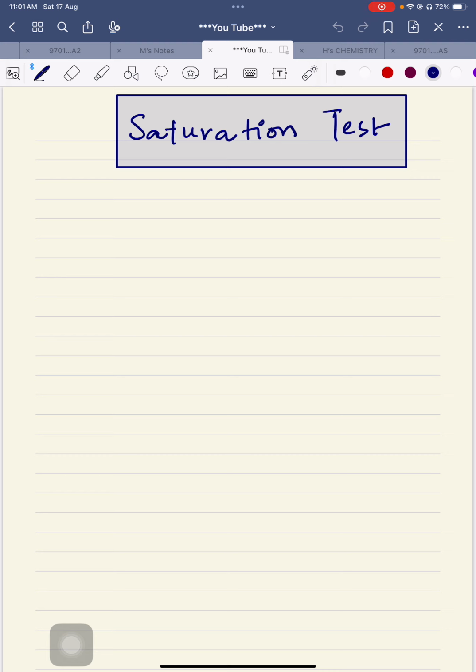Guys, there are two types of compounds which we have studied till now. One of them is called alkane and the other is alkene. Now we are going to check which one of them is saturated and which one is unsaturated.